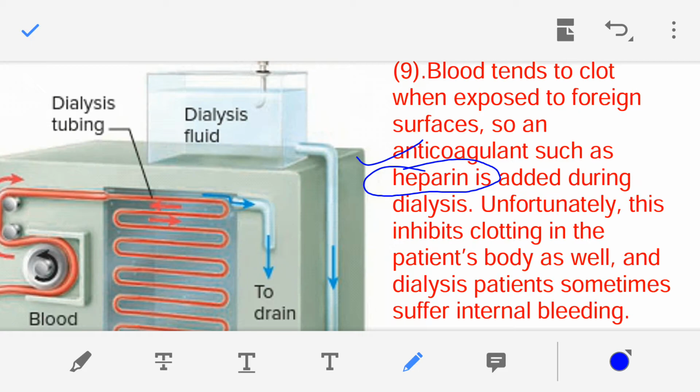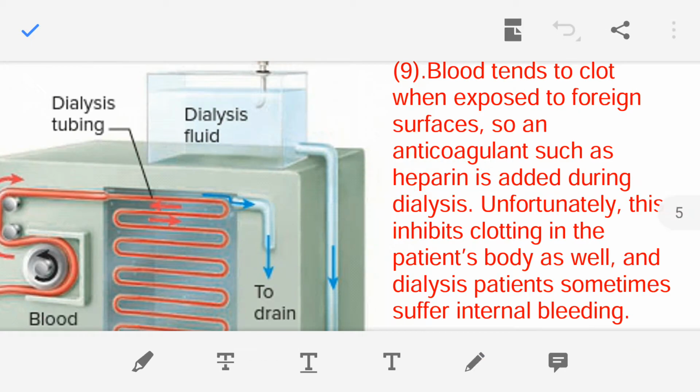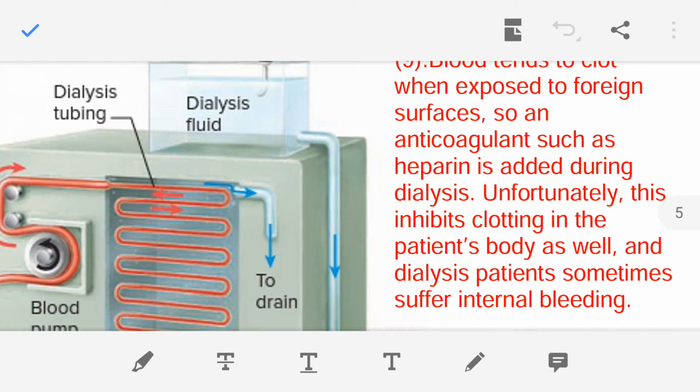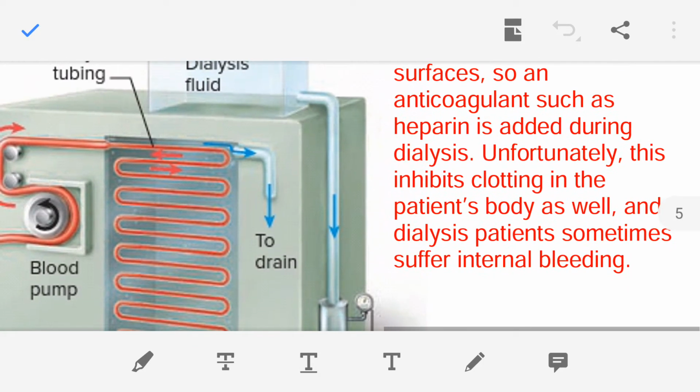So when the blood is flowing in the dialyzing tube, at that time the blood is not going to clot, and the blood will be in the form of a flowing fluid, in liquid form. So heparin is added against the blood clotting.